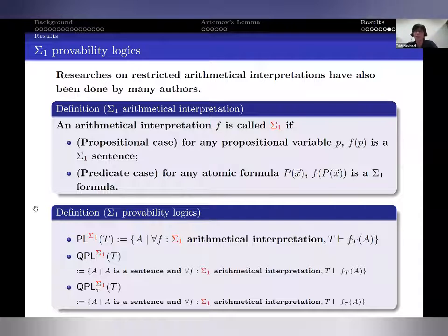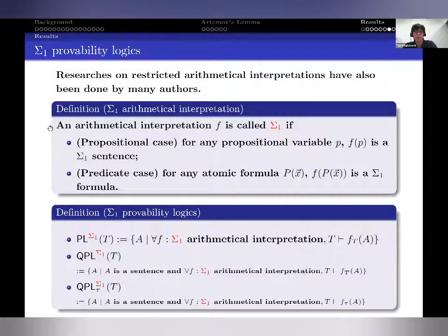And finally, I also investigated sigma 1 probability logics. Research on restricted arithmetical interpretations has also been done by many authors. For example, sigma 1 arithmetical interpretation is important.